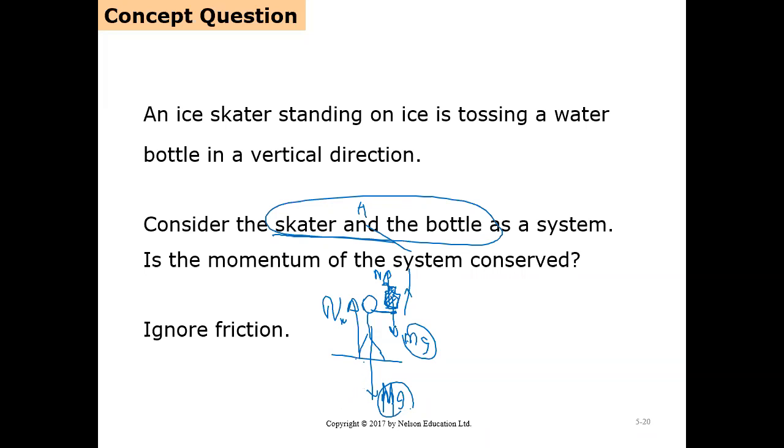The N from the hand on the bottle, and there will be a force of N on the hand. These are internal forces. External forces will be these two weights and also the force from the floor on the man. So as he tries to throw up, eventually the normal force from the floor on the man will be greater than the weight of the man. So there will be a net external force the moment he tries to throw up.